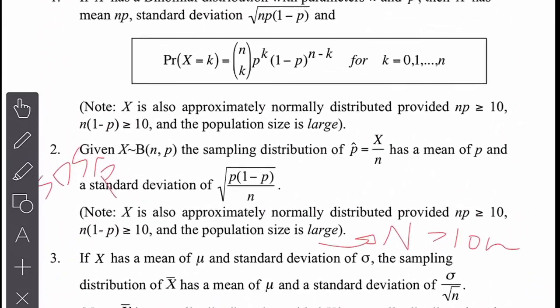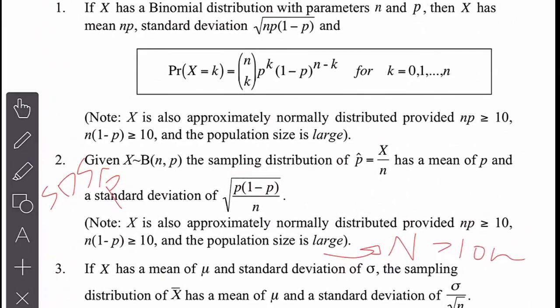So to do any of these 1, 2, and 3, I assume I know the parameters. I know n and p, which are the parameters for the binomial here. And number 2, I know n and p, which are the parameters for the binomial. And then it turns out that I can convert this variable into a normal distribution. So then I also know the mean and standard deviation of that.